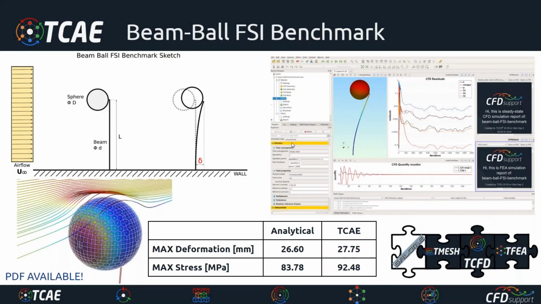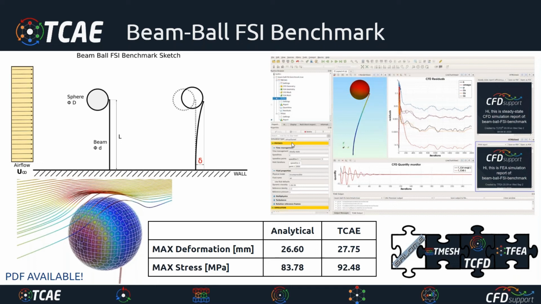Okay, in the last example I'd like to share with you today, it's called the beam ball benchmark. It was especially created to validate specifically the fluid structure interaction between the flow and solid. This study is unique because the exact solution can be calculated analytically, and the analytical solution can be compared with the simulation results.